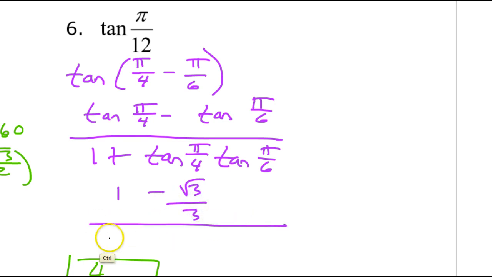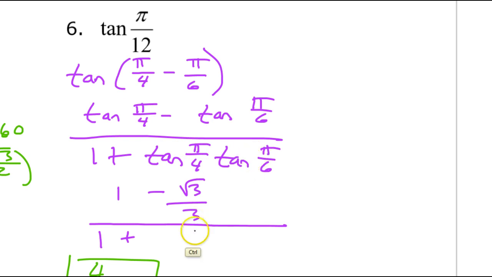Okay, now in the denominator, I've got that 1, since the tangent of pi over 4 is 1, but then I'm multiplying by something. 1 times something doesn't change that something. So I'm really just not going to write anything for the tangent of pi over 4 because it's a 1.